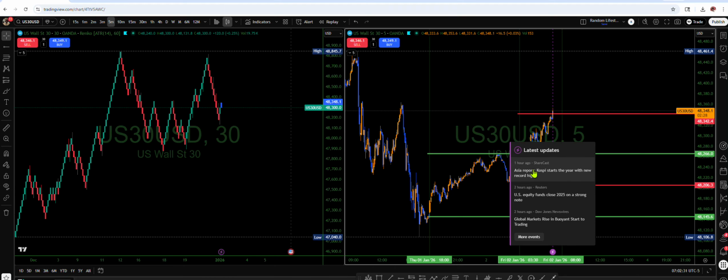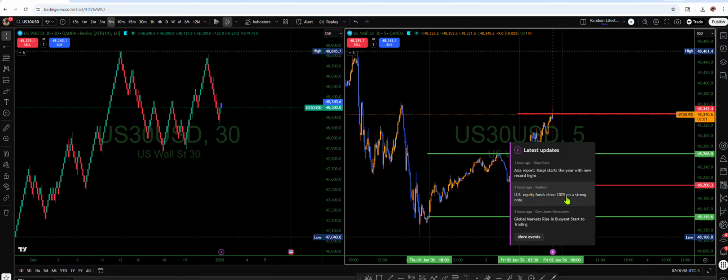So we have the latest news. We got an Asia report: start the new year with a hover card high, but this is for Asia. It does kind of tie into US30, because some of those companies in US30 tie into the Asia companies also. And 2 hours ago, they reported equity funds closed 2025 on a strong note.